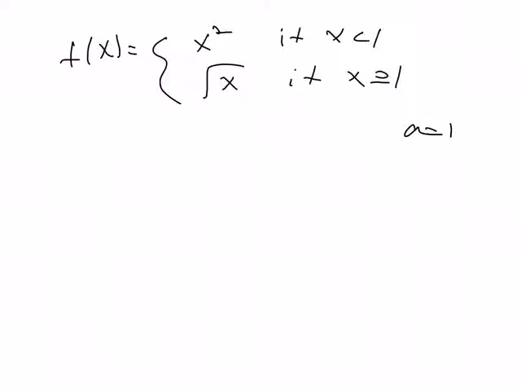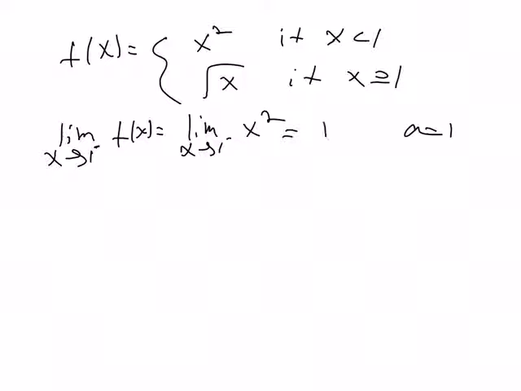And hopefully it is. So let's look at the limit as x approaches 1 from the left of f of x. Well, this is the limit as x approaches 1 from the left of x squared, right? Because x is smaller than 1 when we approach from the left. And this is equal to 1.